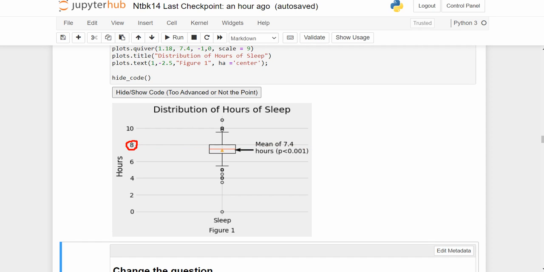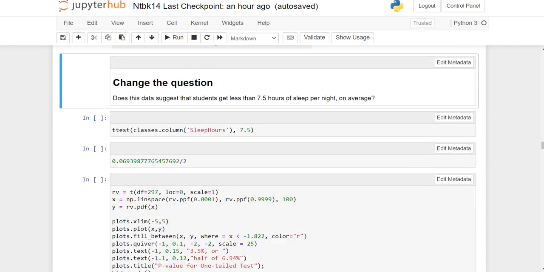The top of that black rectangle in the box plot is Q3, the 75th percentile, and the bottom of that rectangle is Q1, the 25th percentile. It's obviously marking the mean and the median. But notice that there's a big gap between the mean and median and 8. That is why we got such a small p-value.